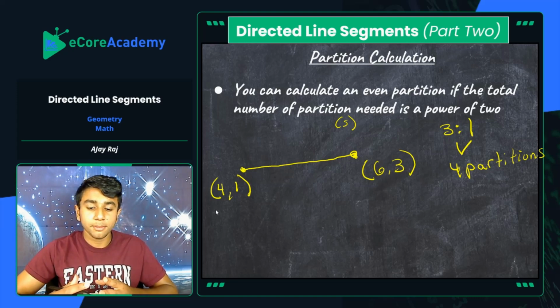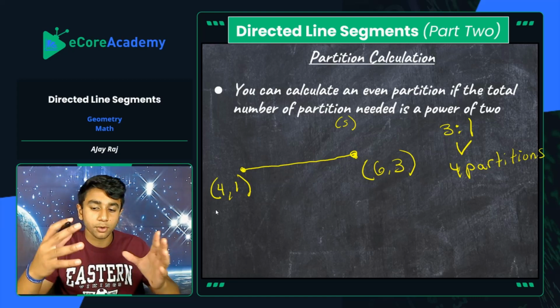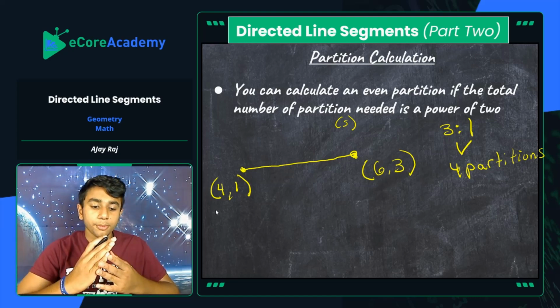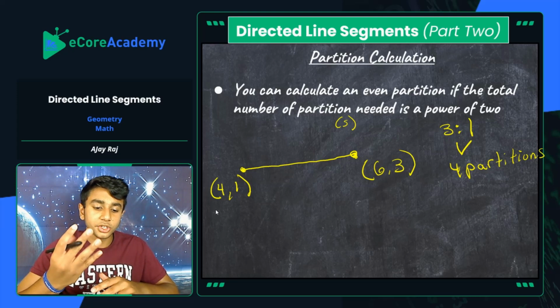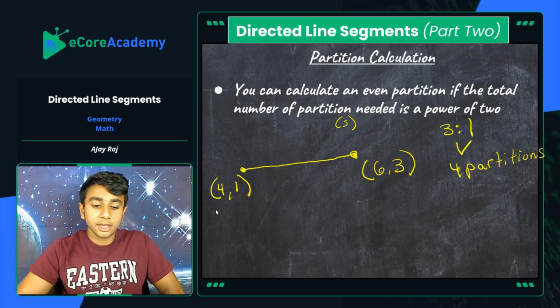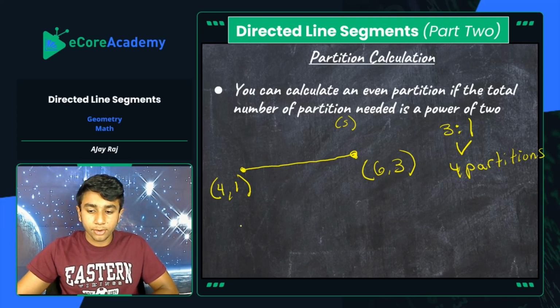Once we calculate the midpoint of this given line segment, 4, 1 and 6, 3, we'll find our midpoint. And then we're going to calculate the midpoints from each side of this line segment in order to get 4 equivalent partitions, and we can direct our 3 to 1 ratio with the given circumstance. So let's calculate the midpoint of 4, 1 and 6, 3.